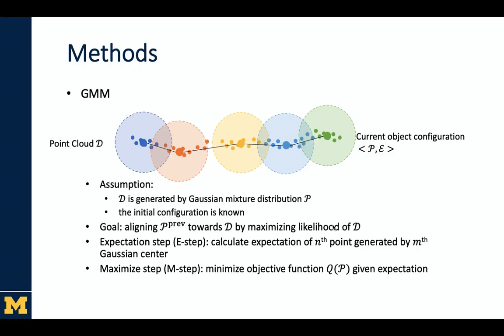Basically, this objective function Q_P represents the distance between P and the weighted average of the point cloud. Therefore, in M step, the Gaussian center will mainly move to the weighted average of the point cloud, as you can see from the animation. We will loop till the Gaussian center converges to a stable position. And just to note here, the noise of observation is taken into consideration, but the main idea of GMM process still holds. You can refer to the paper for detailed mathematics.